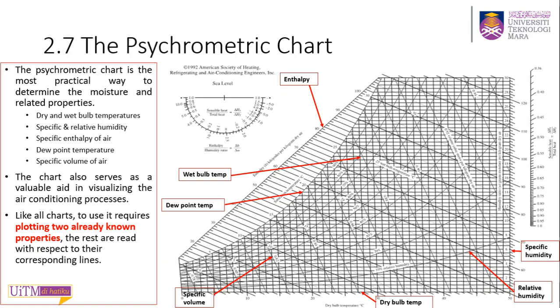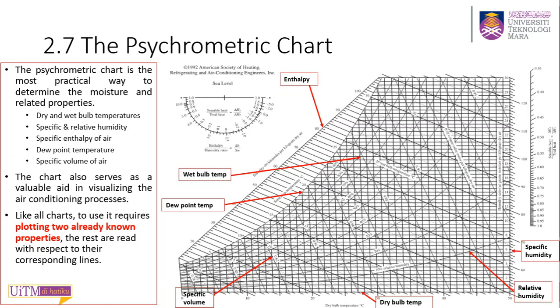Will the temperature increase, will the specific humidity decrease, will the relative humidity increase? When we plot the chart we can see what will happen to the air after undergoing a certain type of process. So that is the second objective for a psychrometric chart, to help visualize what is going to happen if an air conditioning process is involved.